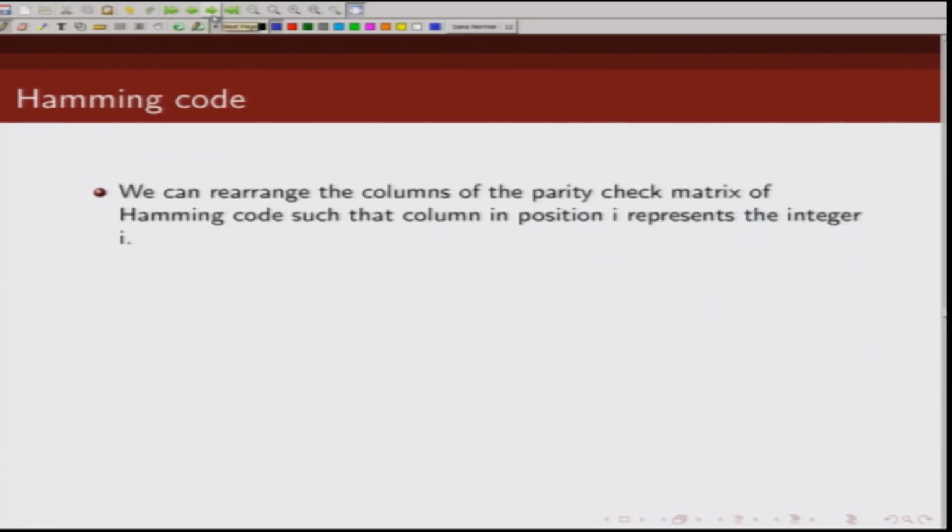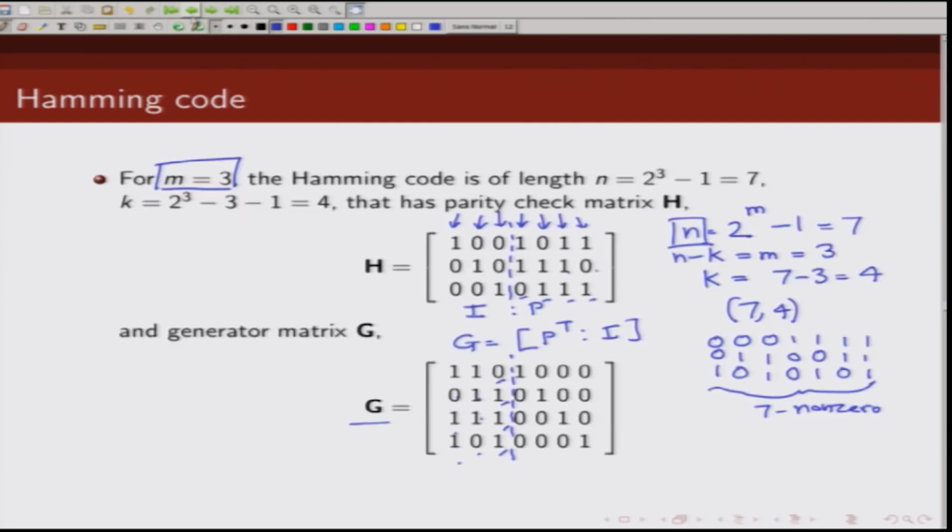Now, let us see how we can correct errors using Hamming code. As we said, this has minimum distance 3, you can see here. So, let us take any 3 columns, let us just take column number 1, column number 2 and column number 4.